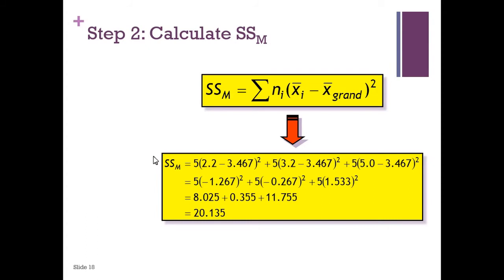They each have their own mean. What we'll do is first calculate the grand mean. And to calculate sum of squares total, we took each person minus the grand mean. Hopefully that makes sense. Now that I'm on the right track, we're taking each mean minus the grand mean.